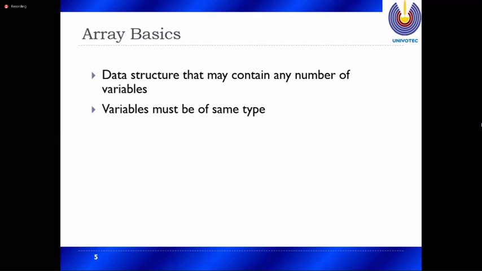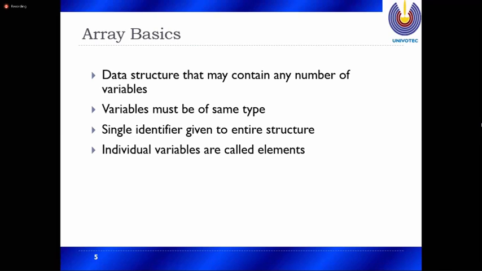A single identifier is given to the entire structure, so the array name is the one single identifier given for the entire structure. Individual variables are called elements.